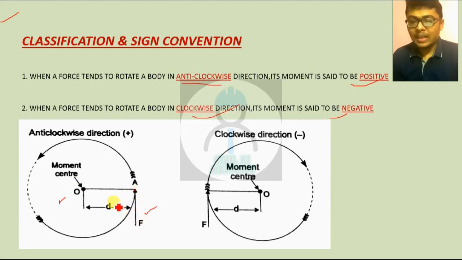The moment will be F into D, and this moment will try to rotate this body in the anti-clockwise direction. So this is anti-clockwise moment or positive moment. See the second diagram. In this case, the force will try to rotate this arm or beam in the clockwise direction. Therefore this is negative moment or clockwise moment.